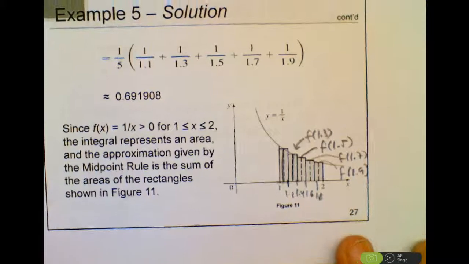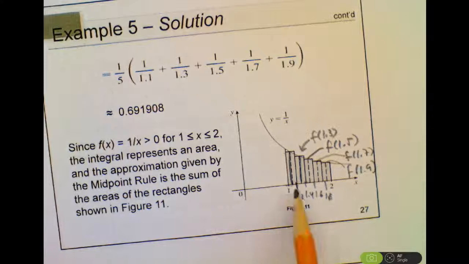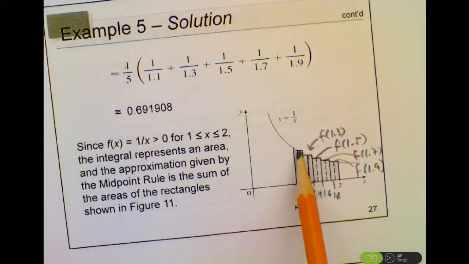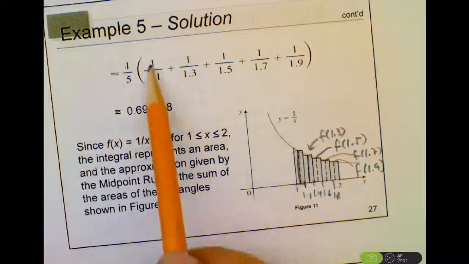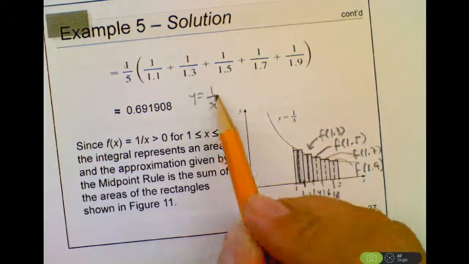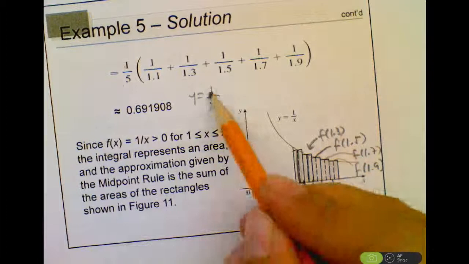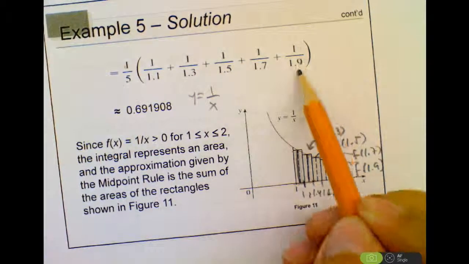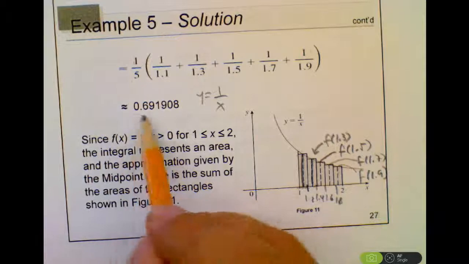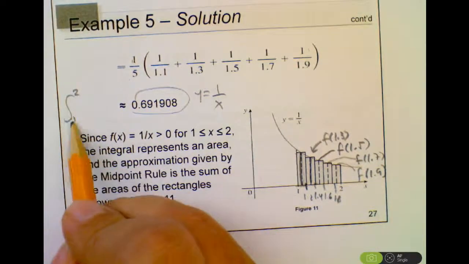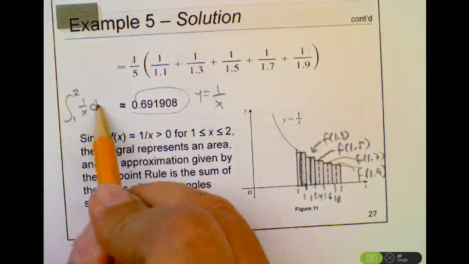When we do that, every rectangle has a base of 1/5, and every height, if the function is 1/x, is the reciprocal of 1.1, the reciprocal of 1.3, of 1.5, of 1.7, and of 1.9. That number is this much. This is the approximate value of the integral between 1 and 2 of 1/x dx.